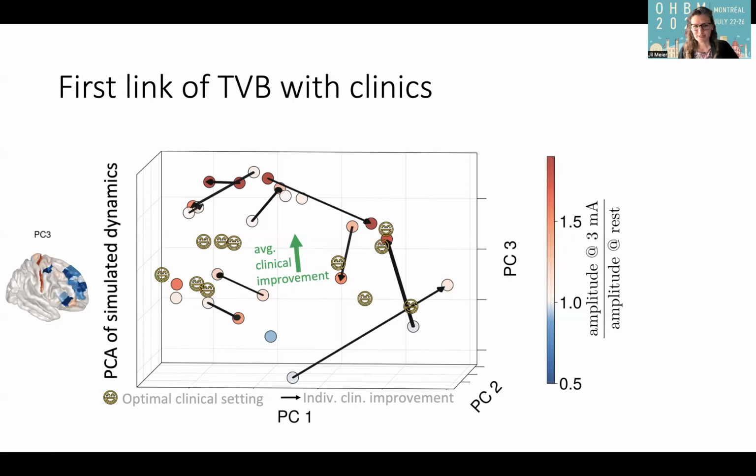What are the smileys, you might ask yourself? The smileys are the clinical settings, optimal clinical settings that the patient has on a daily basis. So we cannot yet find a certain area for those. And we were wondering a lot about this, and this is really preliminary. But we can see that they are in between the dark red ones and the blue ones.